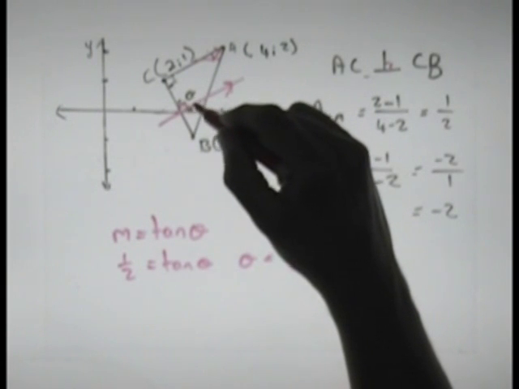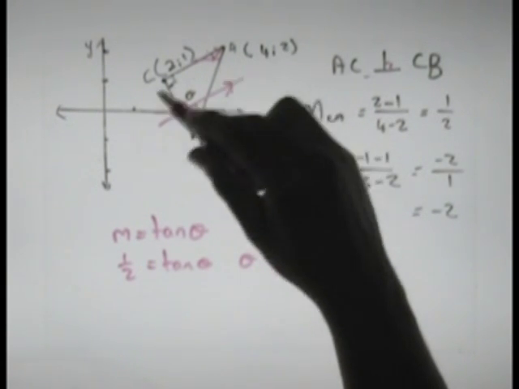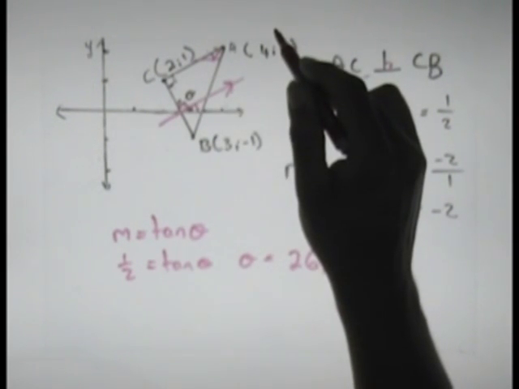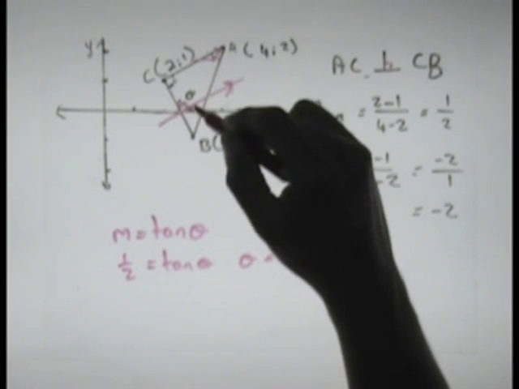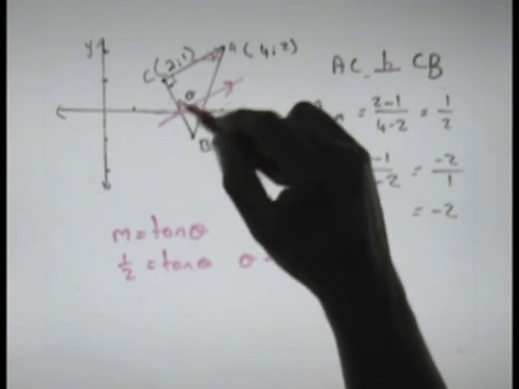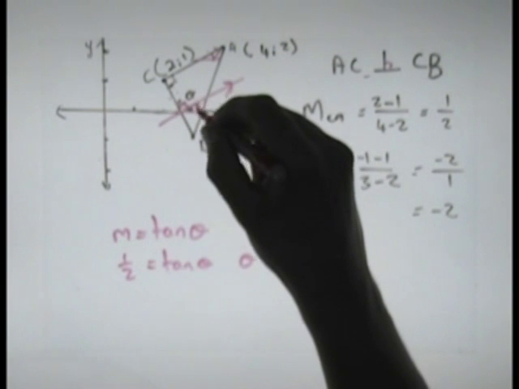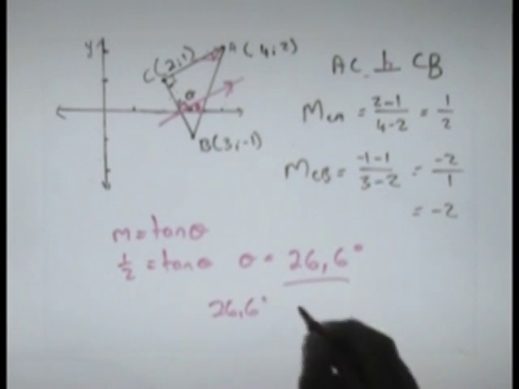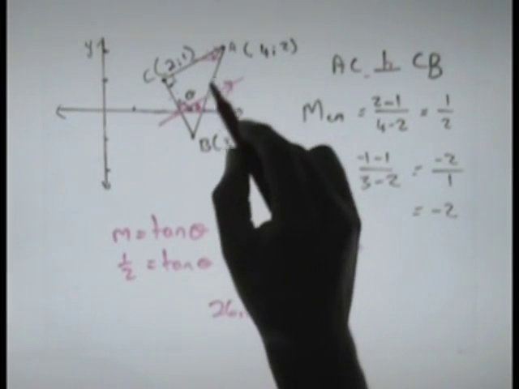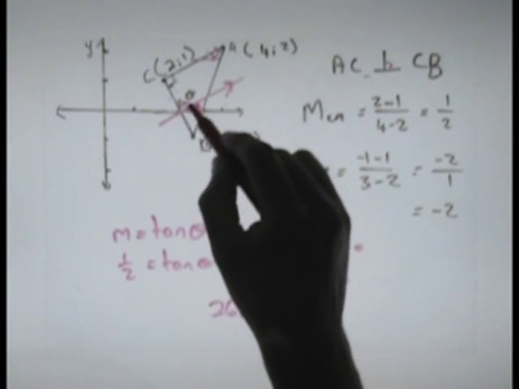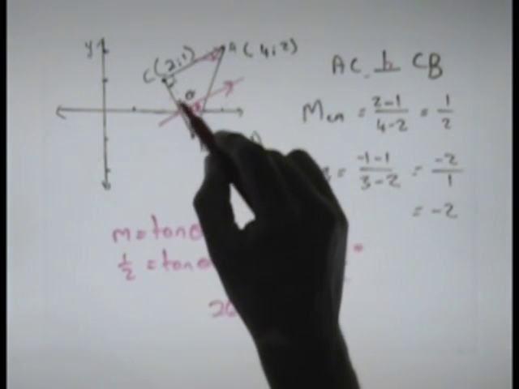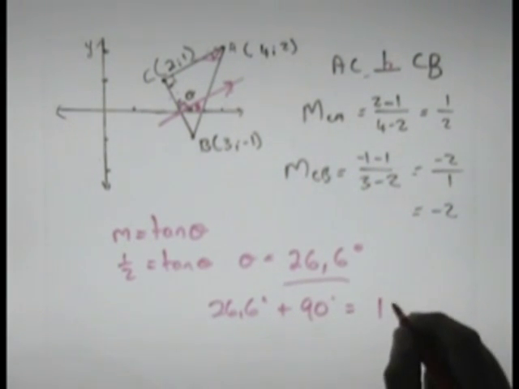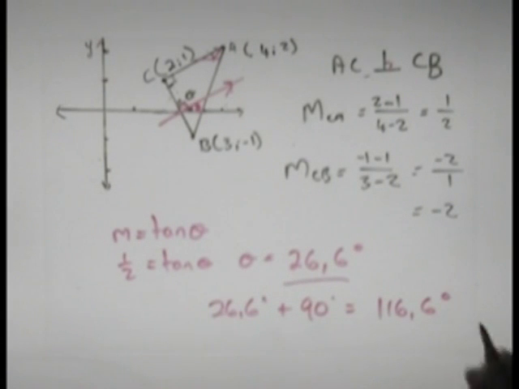Also, wouldn't its angle of inclination be the same as the angle of inclination of AC? Yes? That means that the total angle of inclination of CB is going to consist of that small angle of inclination, which is 26.6 degrees, plus the perpendicular or the 90-degree angle over there, which will give us an answer of 116.6 degrees.